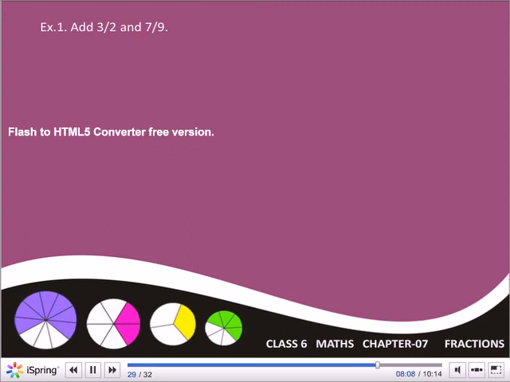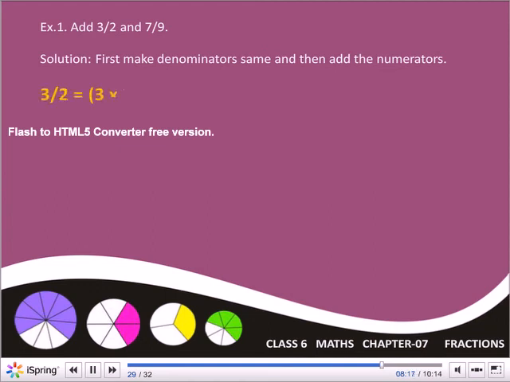Example 1. Add 3/2 and 7/9. First make the denominators the same and then add the numerators. 3/2 is equal to 3 into 9 divided by 2 into 9, which is 27/18. 7/9 is equal to 7 into 2 divided by 9 into 2, which is 14/18.